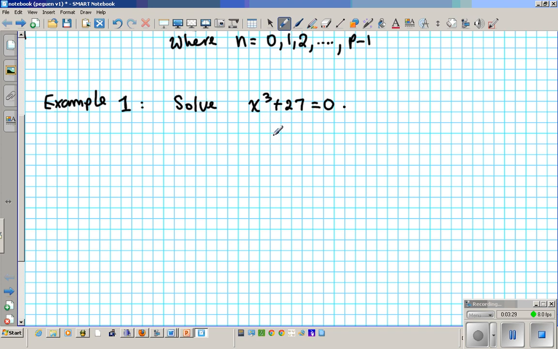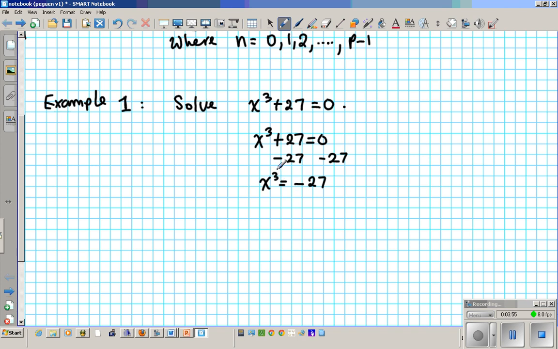So let's solve this. Let's start with x to the third plus 27 equals 0, and we're going to subtract 27 from both sides. Then we have x to the third equals negative 27. What is the opposite of cube? Cube root, right?